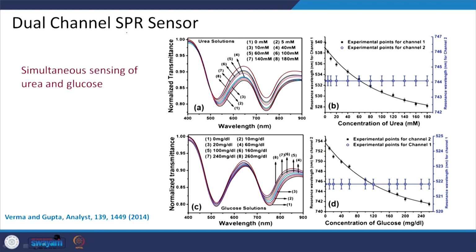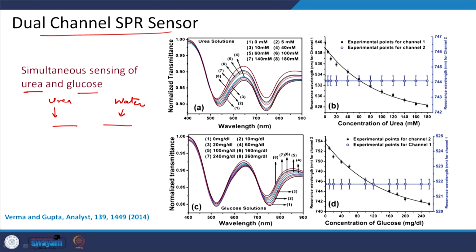Let us take an example here. It is a dual channel SPR sensor and it does simultaneous sensing of urea and glucose. So, we have 2 channels as we discussed here. In one of the channels, let us say that we put urea solution, and in the other channel we do not put anything, let us say water only, and urea here.